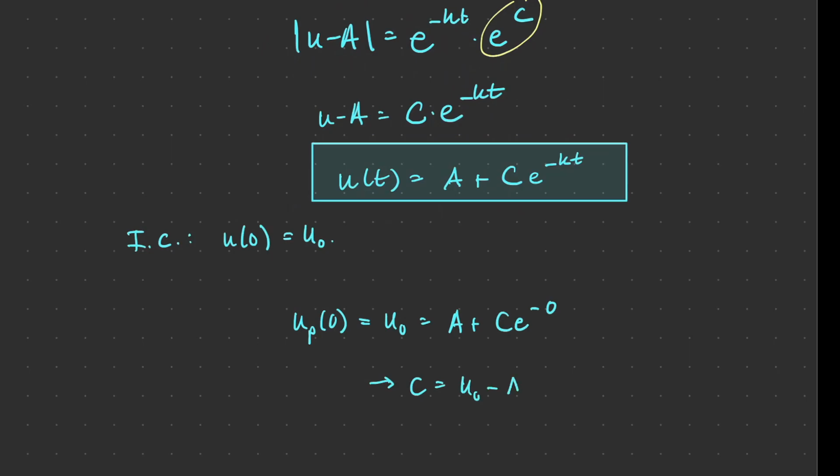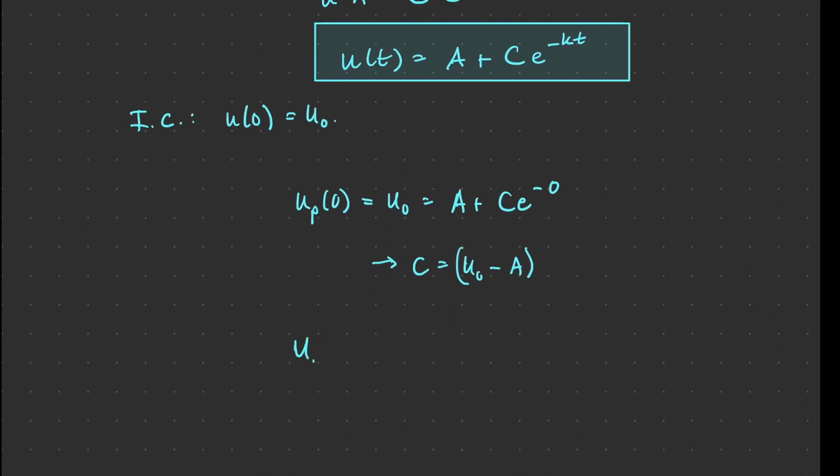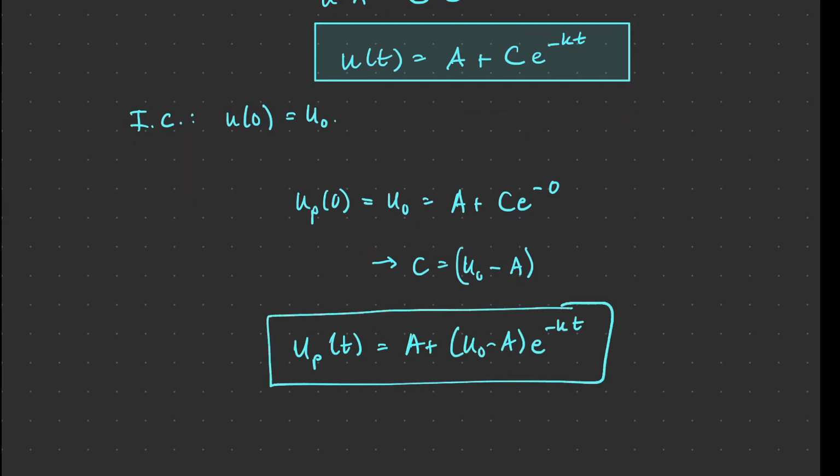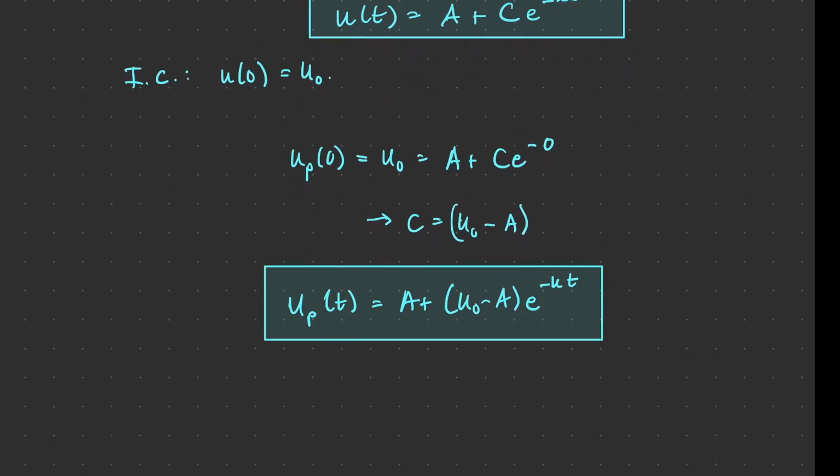U naught minus a. Therefore, our particular solution, given an initial temperature of the object, would be a plus u naught minus a, times e to the minus kt. All right. So here's our particular solution.